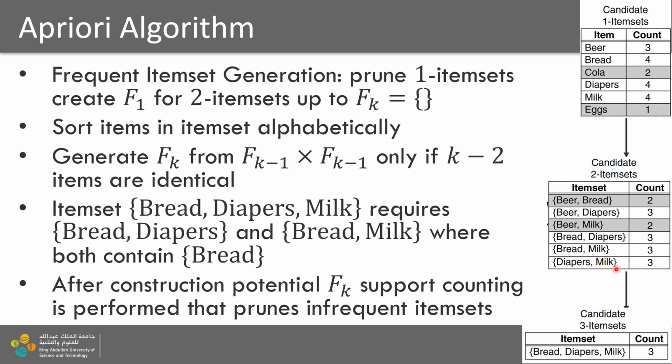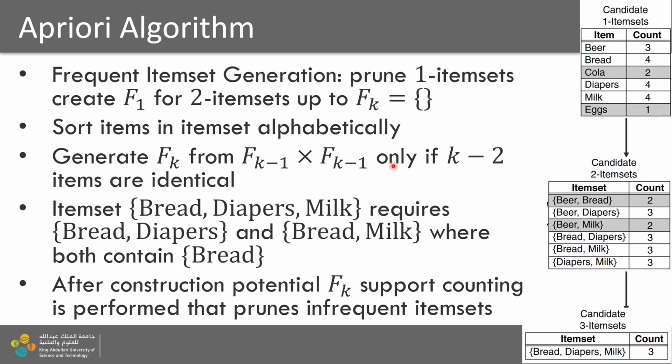So now we are looking for the 3 item sets, and now we are applying this rule where we generate them from F_{k-1} and F_{k-1}. So we will construct the 3 item set from maybe this set and this set.